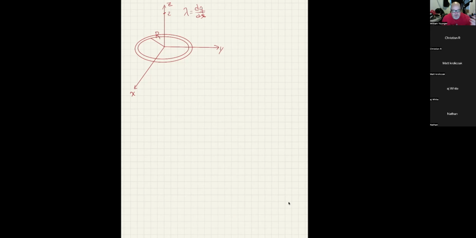Now, if you think about it, the lambda being a uniform charge per unit length means that if you take any, let's say, millimeter long portion of this ring of charge and determine the charge on it, any other millimeter long portion will have the exact same charge. So the total charge Q, which is what I'm going to put here, is actually equal to Q over 2 pi r.